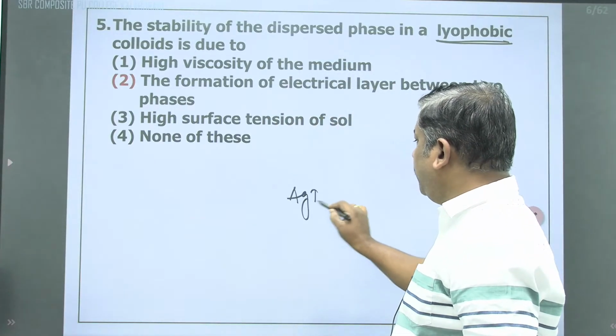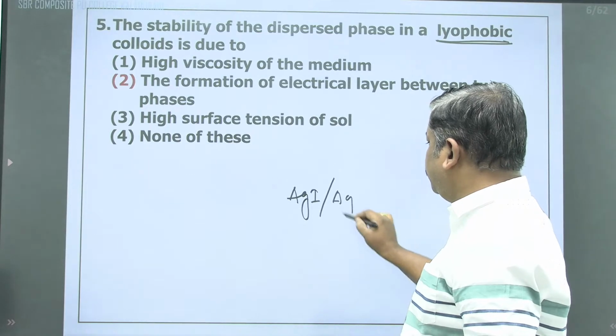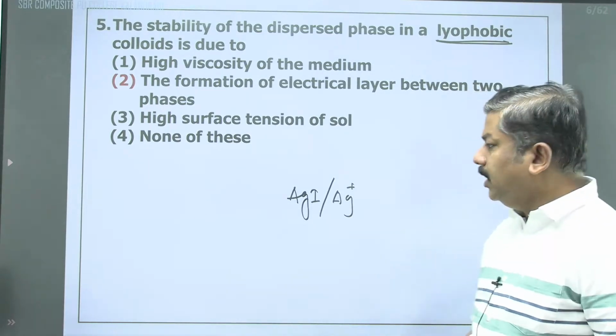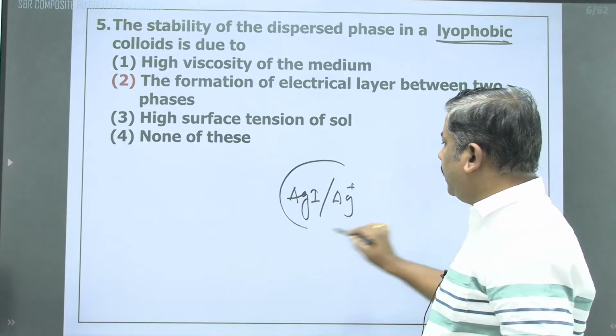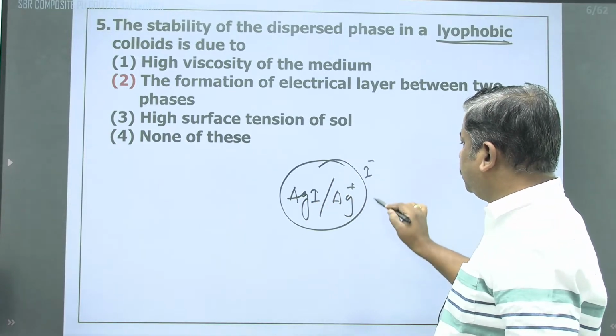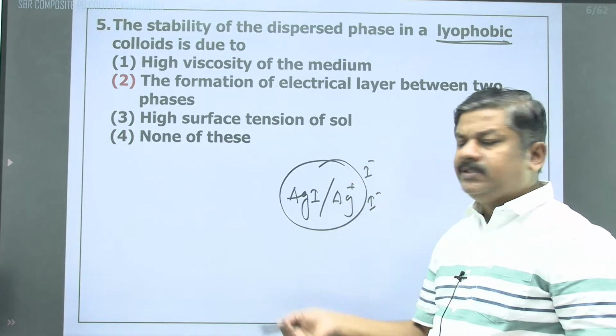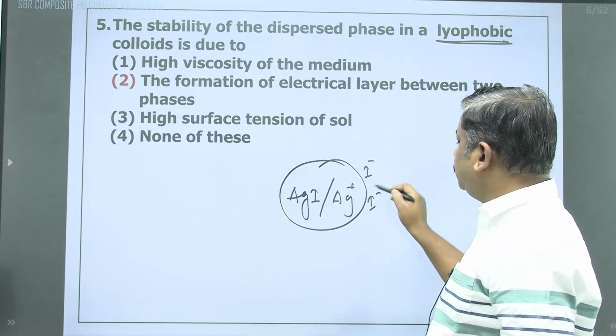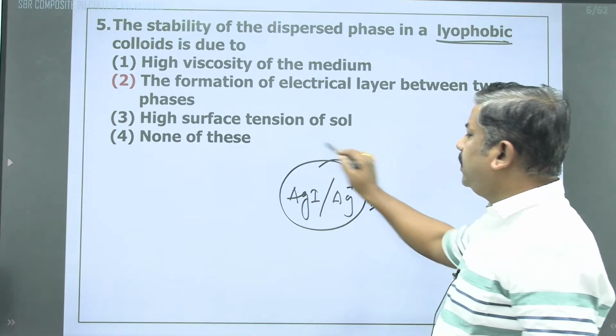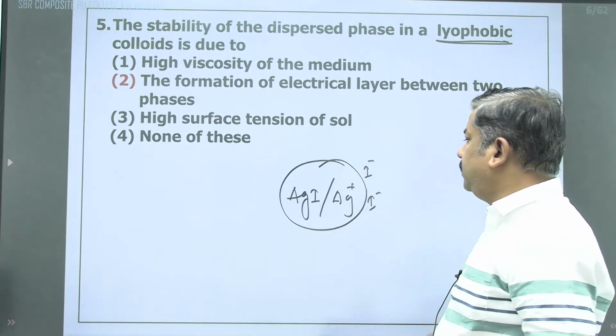Here it is AgI, and we can observe the presence of Ag plus. Between this and another layer there is another substance, either I minus or K plus, present around the particles of the dispersion medium.